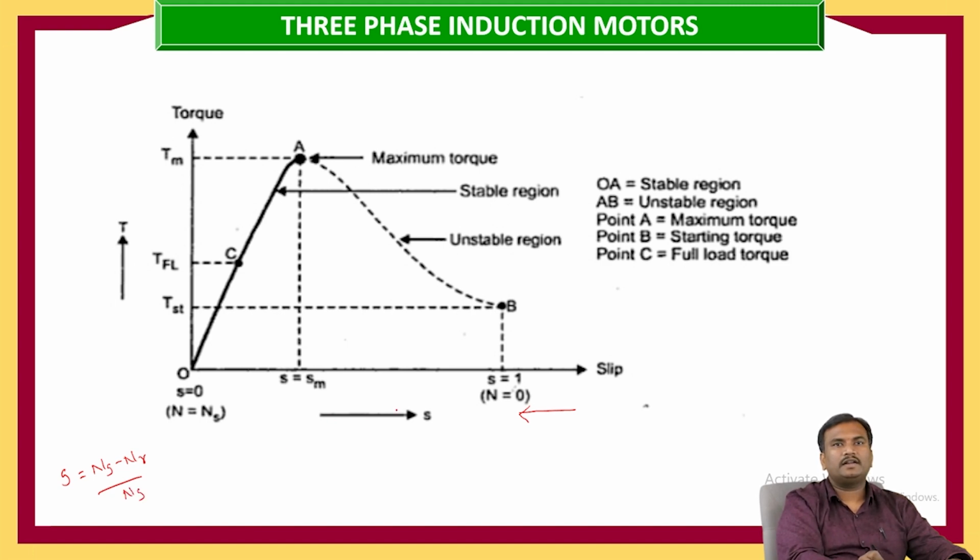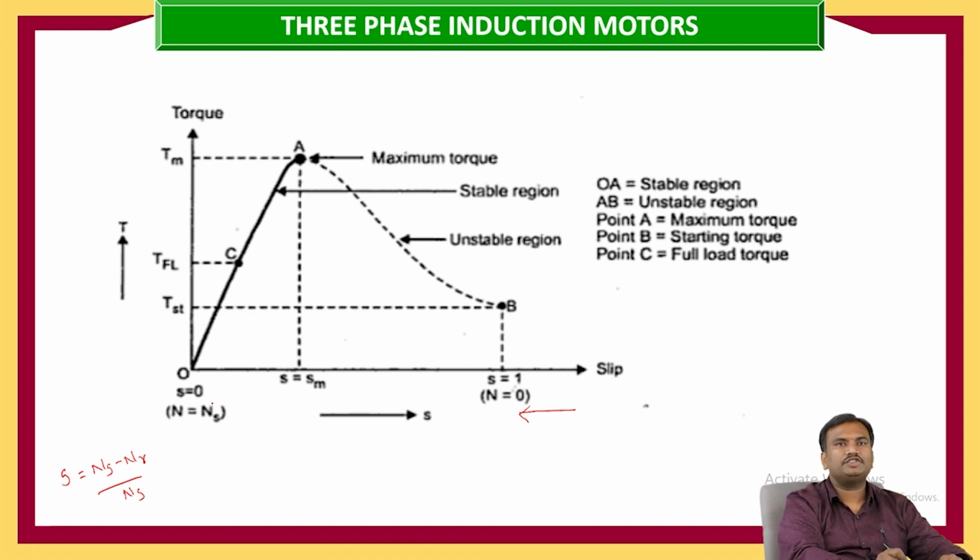So here the slip is increasing in this particular direction. These speed torque characteristics are separated into one with the stable region and another, the unstable region.